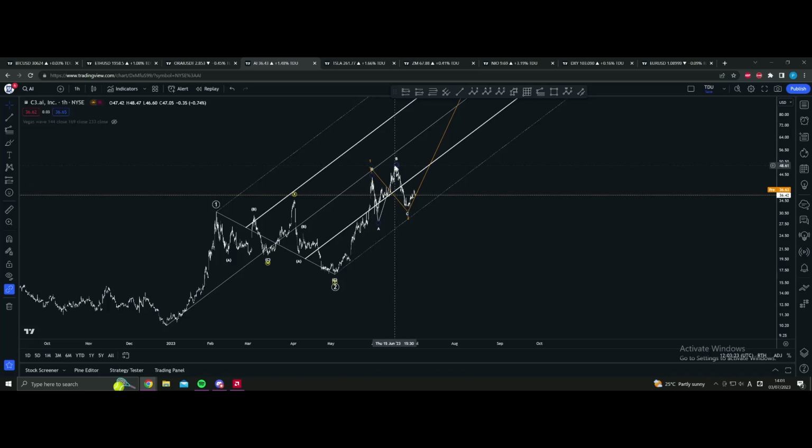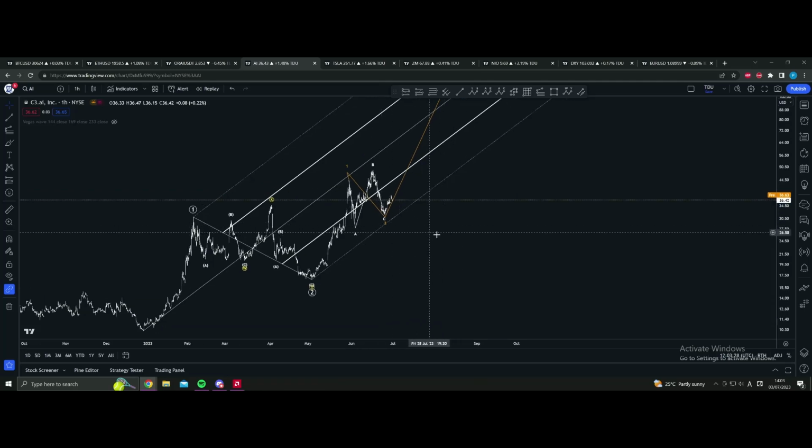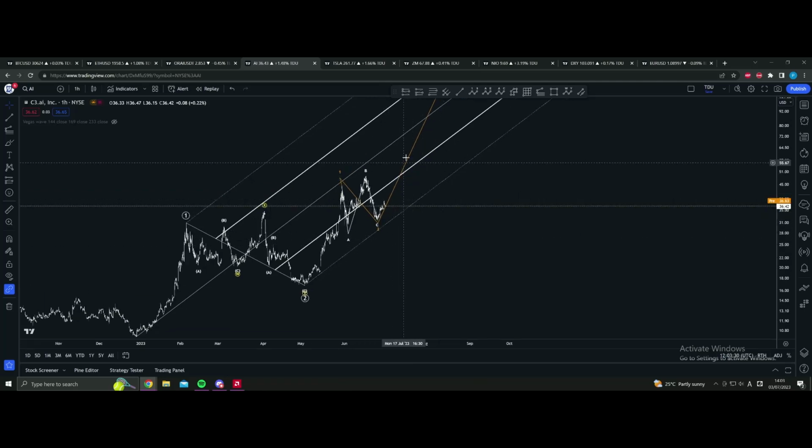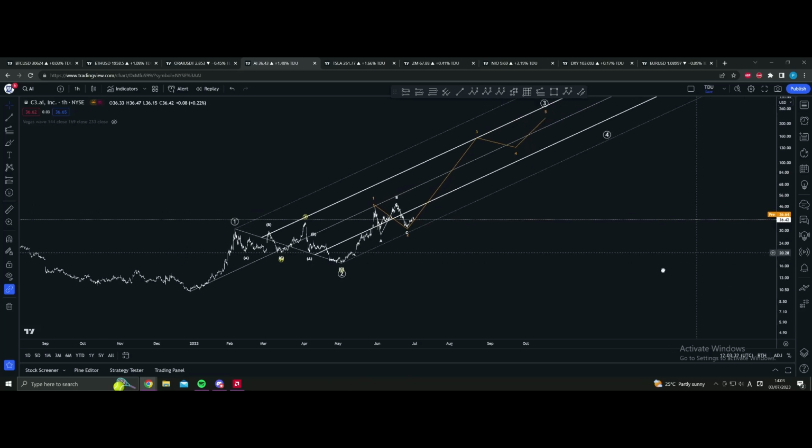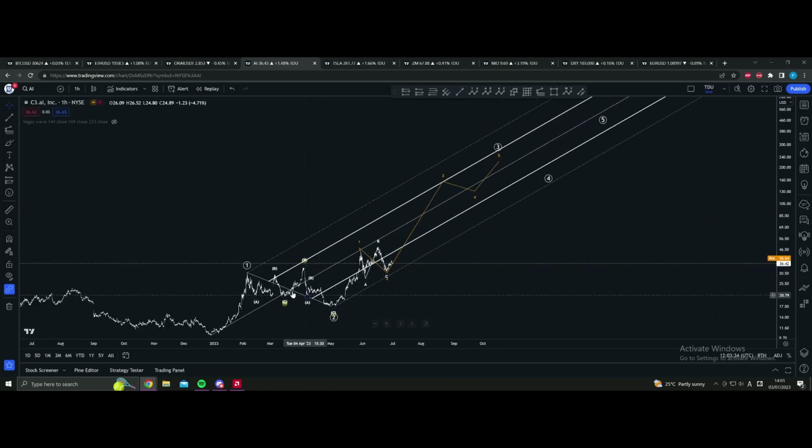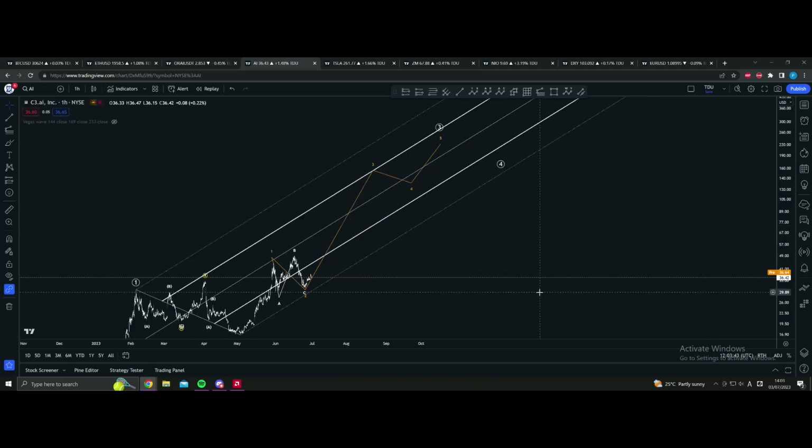However, in my opinion, we had a flat as a wave 2, so I'm thinking that this is going to continue going on for the wave 3. So we made wave 1, wave 2, and now we're going for the wave 1 of the wave 3, and this should be a massive ripper and a money maker.